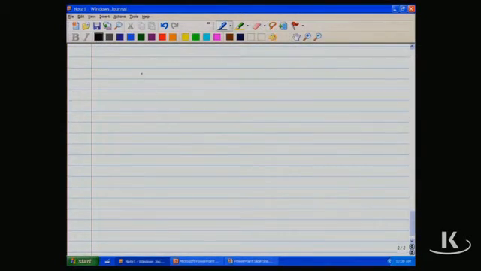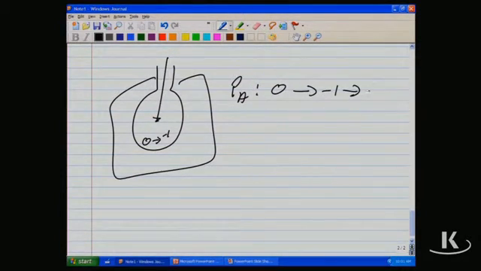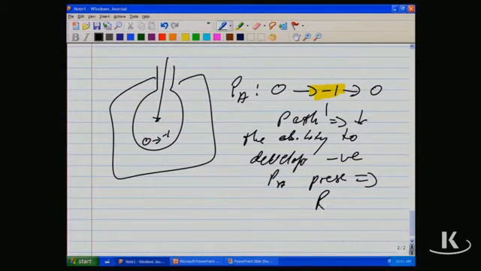In other words, we can say, therefore, that anything that interferes with the alveolar pressure going from 0 to -1 and eventually back to 0 at the end of inspiration, any pathology that decreases the ability to develop negative alveolar pressure, can be referred to as a restrictive disease.